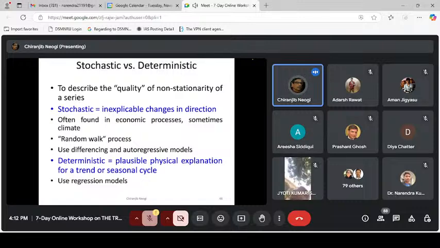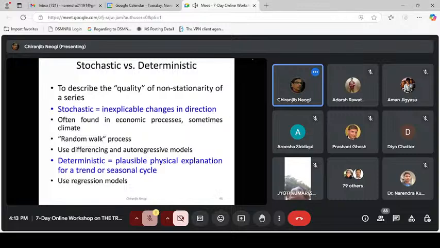Some random walk processes are like this, but for a deterministic trend there are plausible physical explanations for the trend, or it is seasonal or cyclical like this. So we can use the regression model when I can explain the cause behind the change in the values.